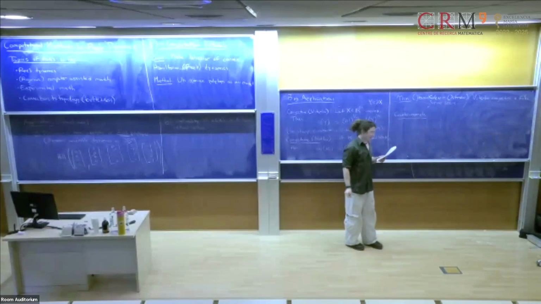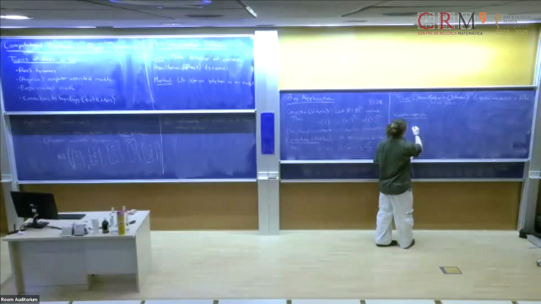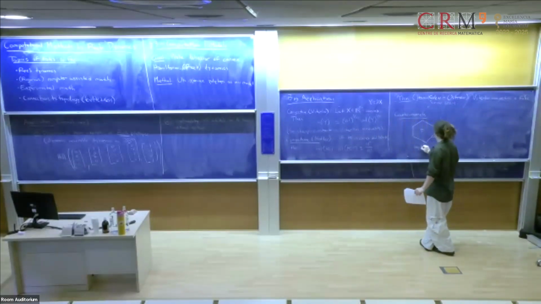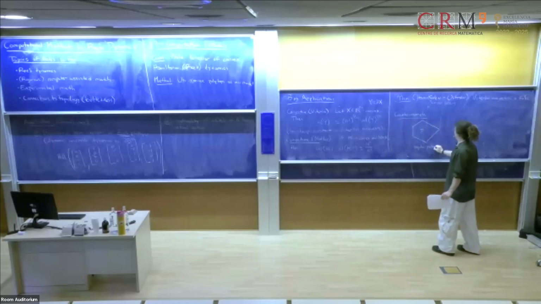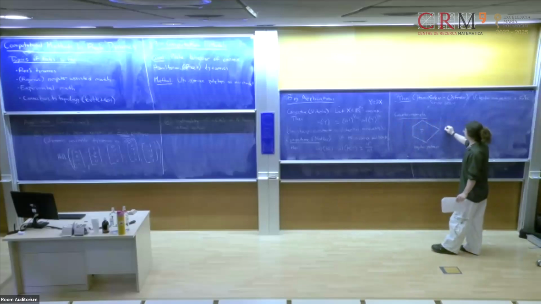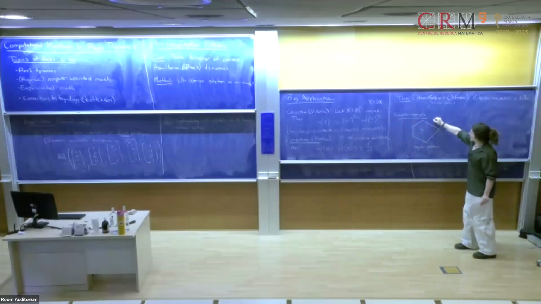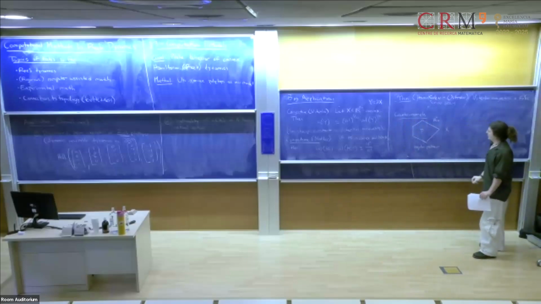Very quickly, take a polygon, take its product, and then I take its product with the same polygon, but just rotated by 90 degrees.